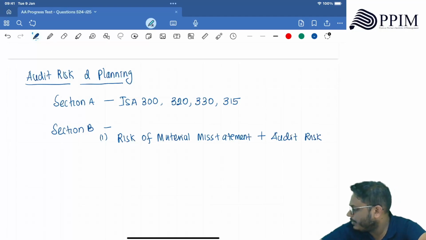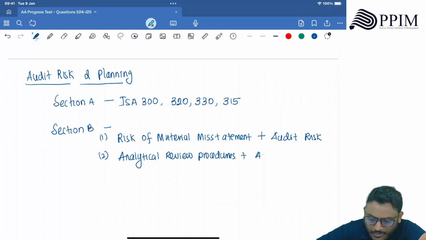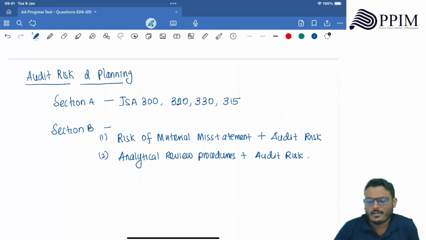Or analytical review procedures plus audit risk. So I expect either audit risk or risk of material misstatement question, or analytical review procedures plus audit risk questions. One of these definitely it's tested in your exam.